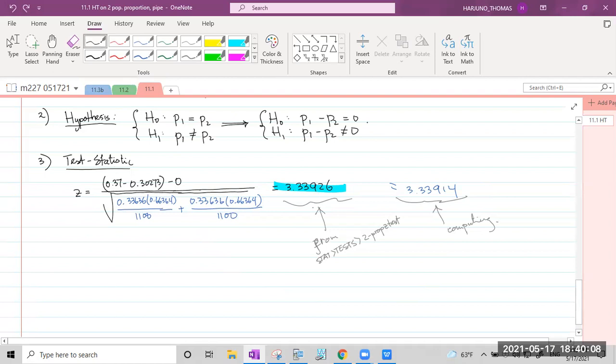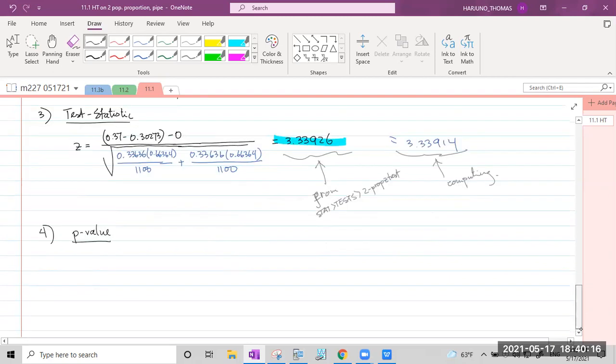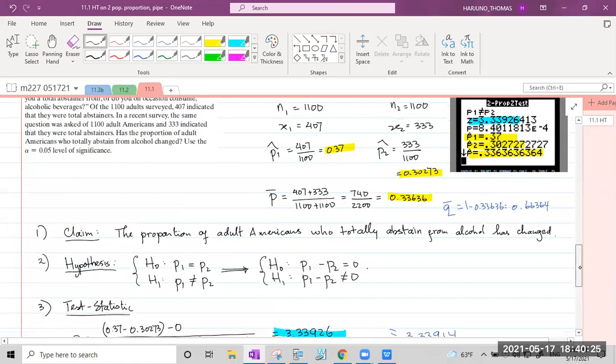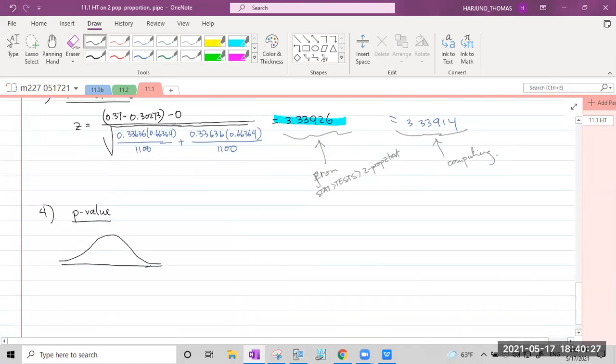Now then, p-value. Hold on. This is two-tail. So 3.33926. We get the area here and then double it.